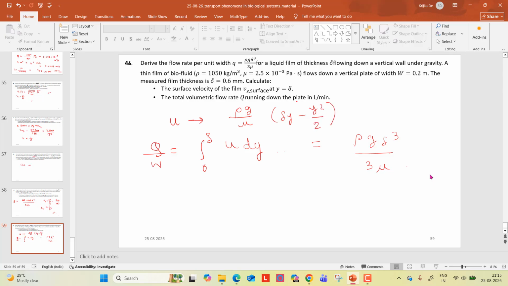At y equals delta, it will be delta square minus delta square by 2. That means rho g delta square by 2 mu. If you put the values, you will get the surface velocity. You know rho, g, delta, mu. Then for the total volumetric flow, put the values and you will get Q.